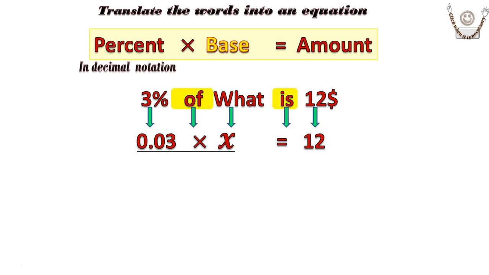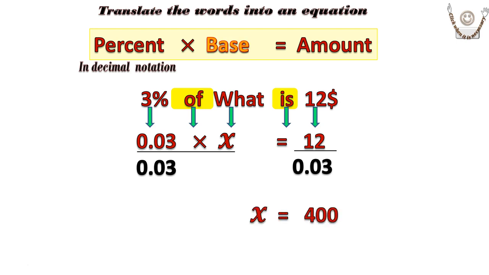Now we have to solve this equation for x. How can we do this? We have to have positive 1x on the left by itself. So we have to divide both sides by 0.03 and simplify. 0.03 divided by 0.03 is just 1, so 1x is left on the left, and then 12 divided by 0.03, use your calculator and you will see 400.